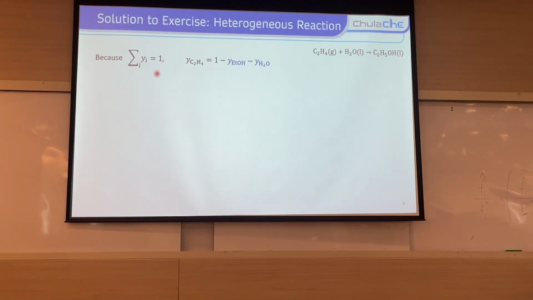You know that the summation of the mole fraction for every species should be equal to 1. So in this case, in the vapor phase, you have every species. The mole fraction of ethylene should be equal to 1 minus the mole fraction of the remaining species, in this case the mole fraction of the ethanol and water.